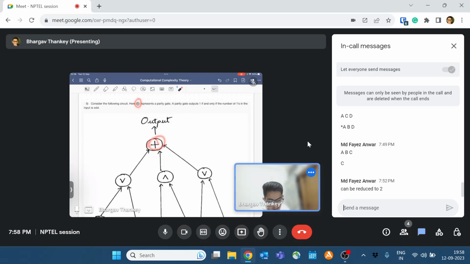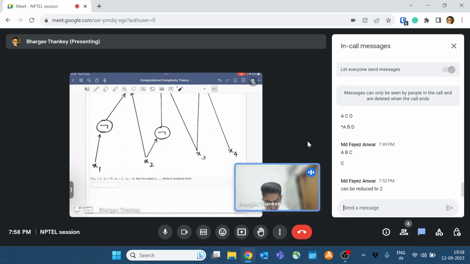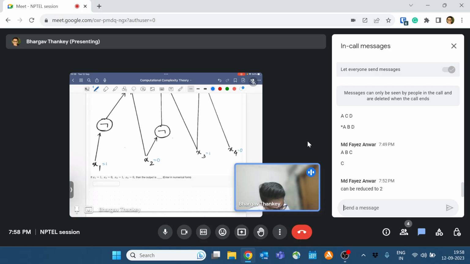This is a parity gate, and the parity gate outputs 1 if and only if the number of ones in the input is odd. The question is, if x1 is 1, x2 is 0, x3 is 1, and x4 is 0, what is the output of the circuit?